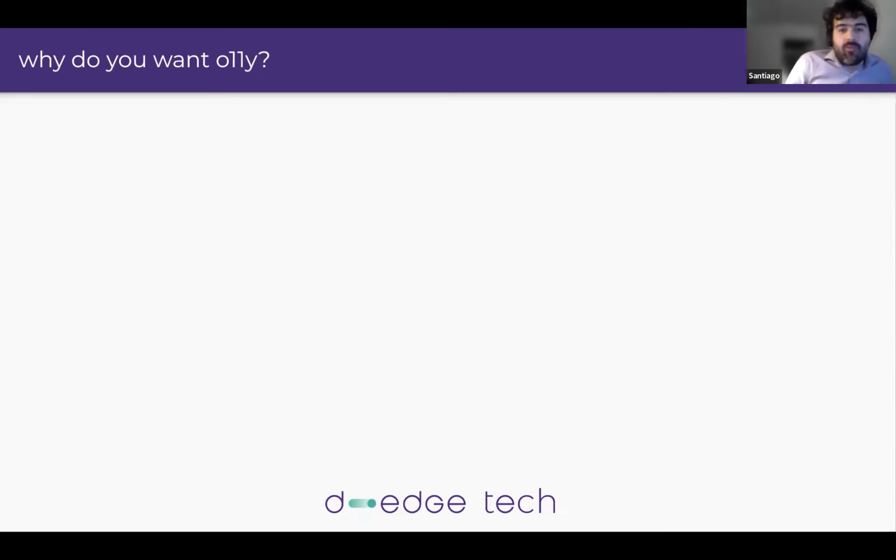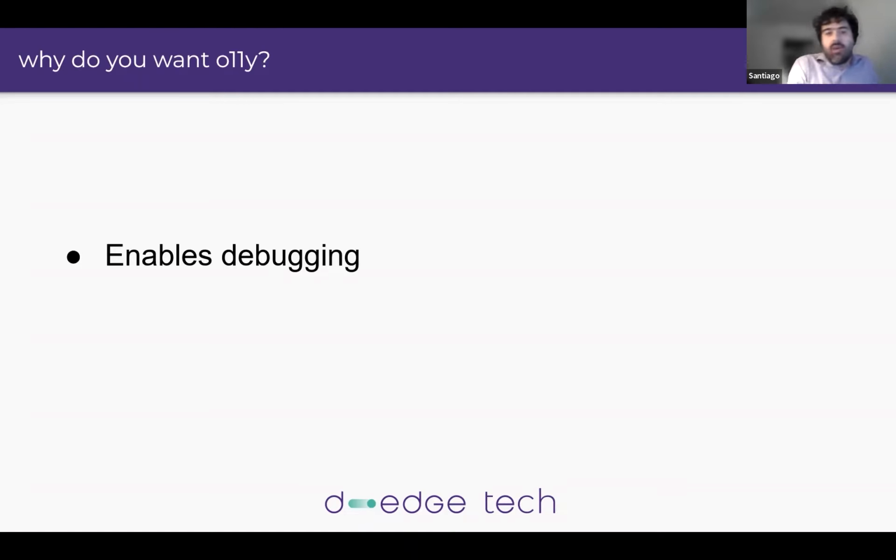So why is observability helpful? For me, it is helpful because it enables debugging. I like to think about it like the old way of debugging, when you put some console log saying I'm here, I passed by here, I got that result.